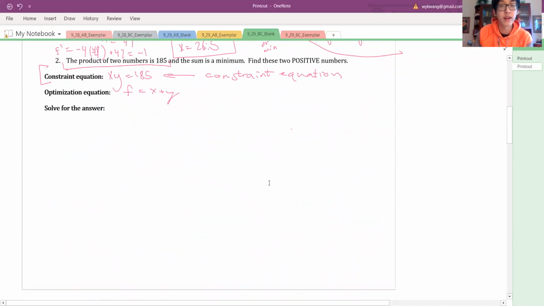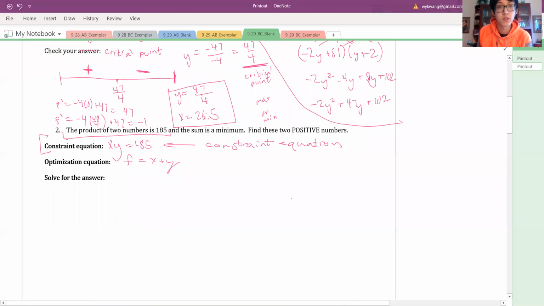In this case, we're told that the sum is a minimum. The product of two numbers is 185 and the sum is a minimum. So we're using these same two numbers, x plus y, because that's a sum, and now we're trying to minimize this. Hopefully that makes sense, Reese.